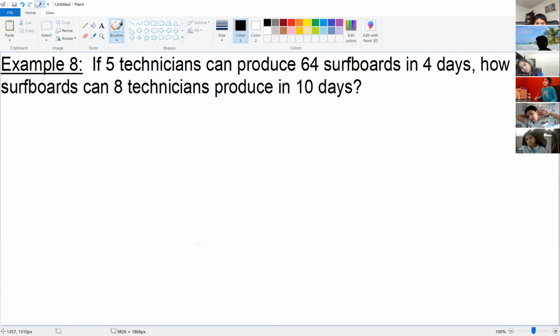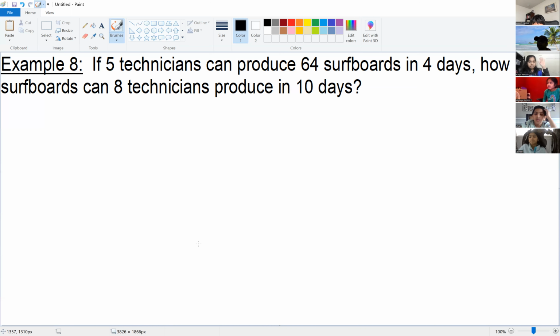So I did 64 times 2.5, which is 160 surfboards. 5 technicians can produce 160 surfboards in 10 days. Then how many surfboards can 1 technician produce? And then you multiply that by 8. So what is your answer? Did you work it out? While she's working it out, anybody else have any idea what to do?